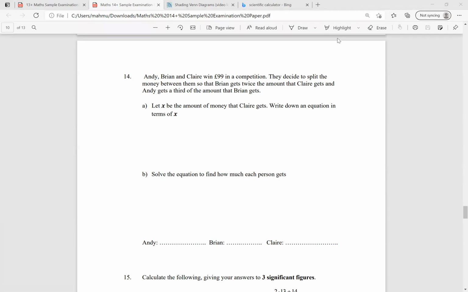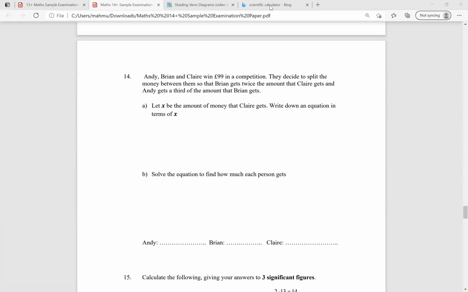So we know, I'm going to put it in terms of x. They split the money.